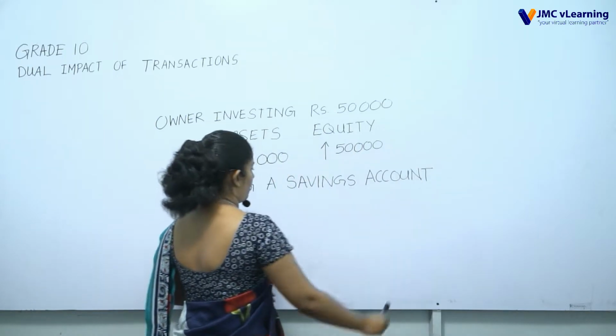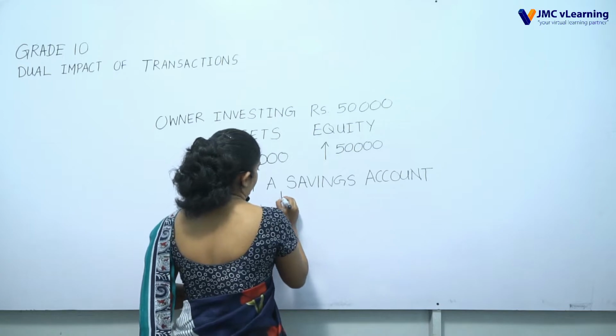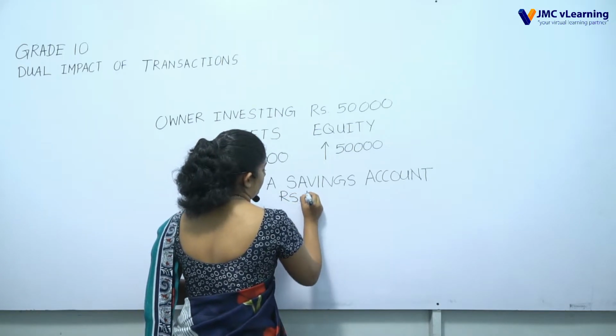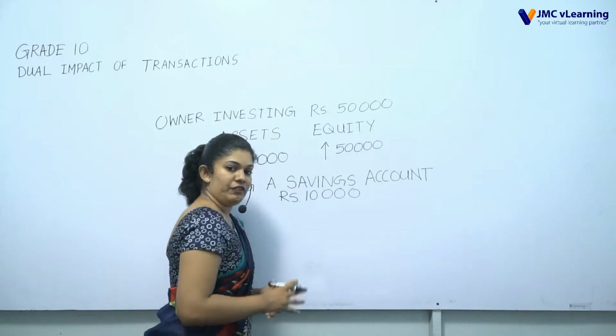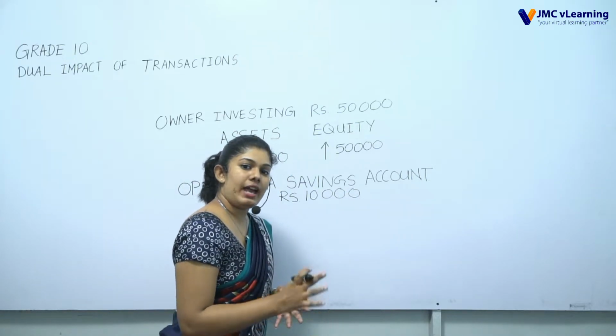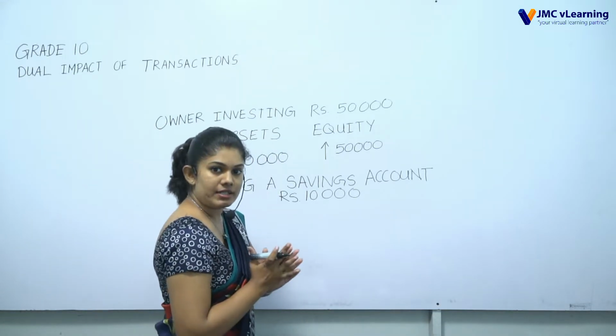To open the account, we take 10,000, as an example. We take 10,000 from the business and we deposit it in the bank on behalf of the business.